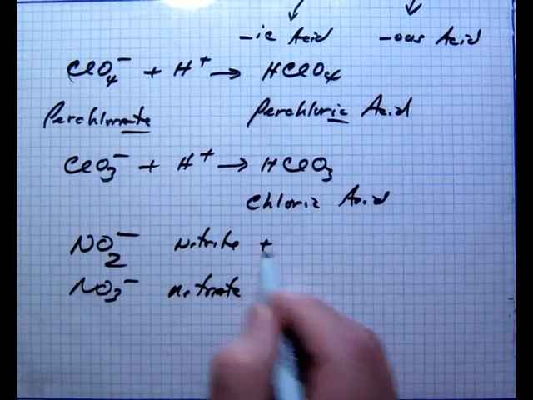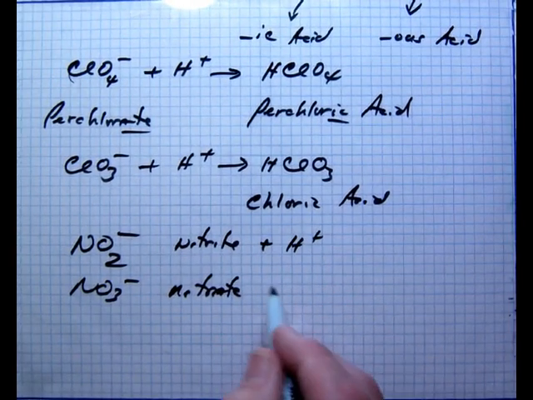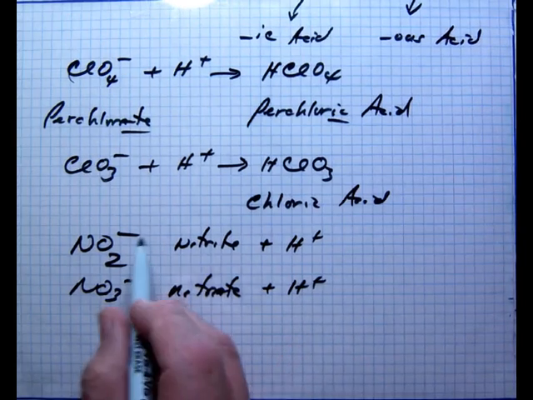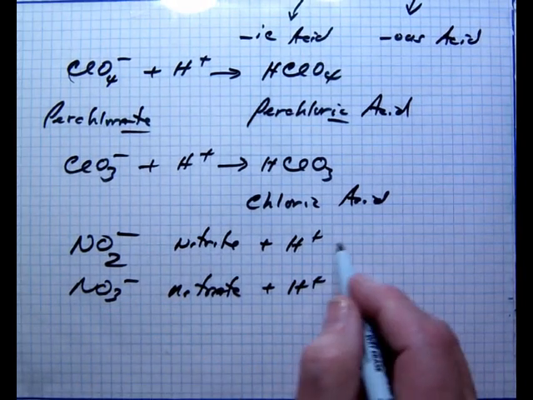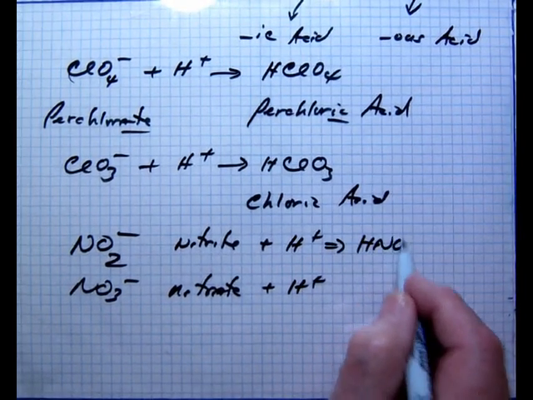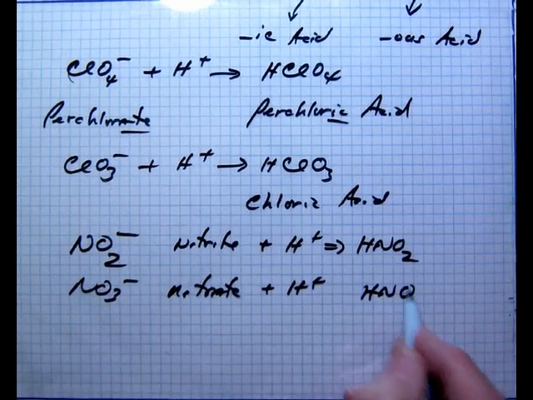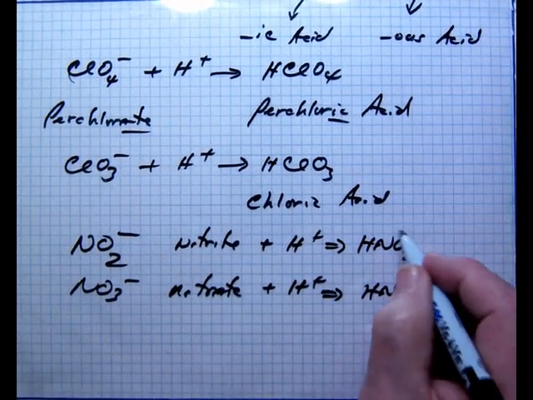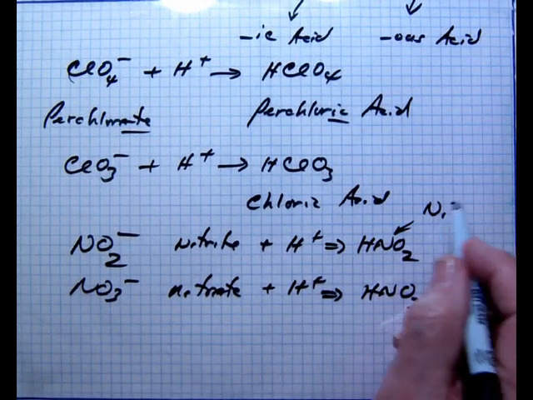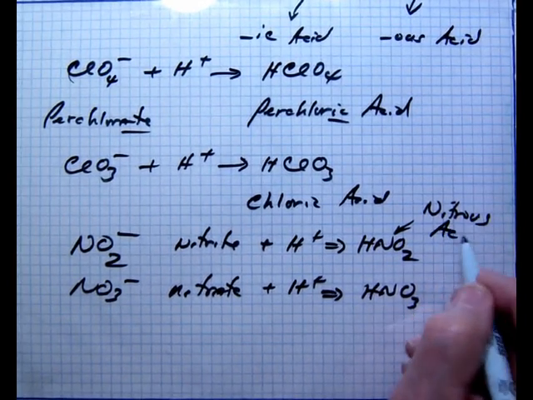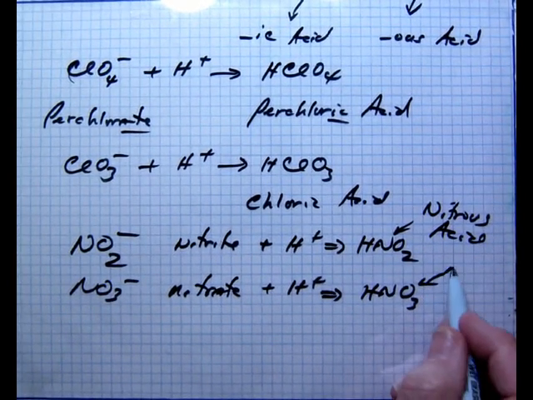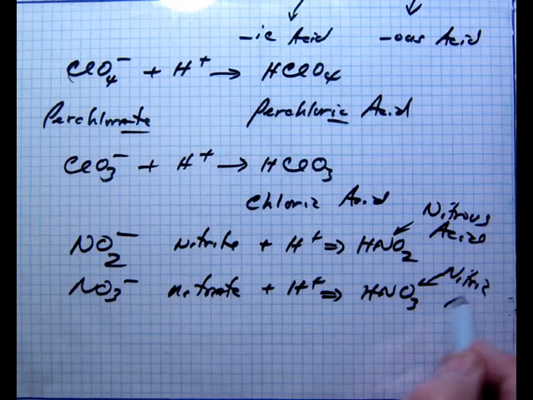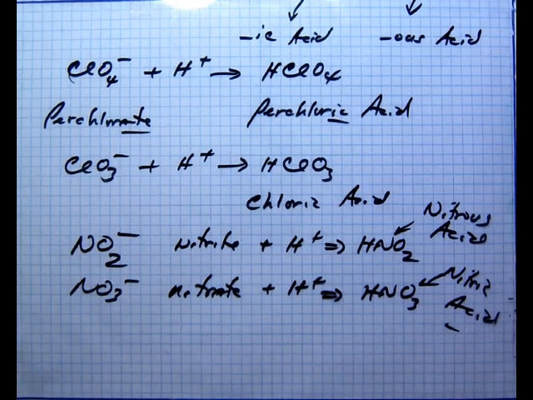Of course, each one would need one hydrogen to neutralize the net charge, and we'd get HNO2 or HNO3. This is, of course, nitrous acid, and this one is nitric acid. So you have to get comfortable with the ic endings and the OUS endings.